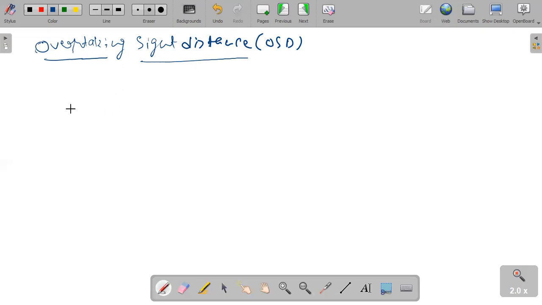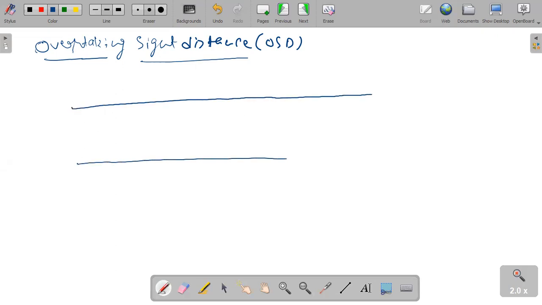Consider this is our road, a two-way road, something like this. There are a lot of vehicles here: one vehicle, another one, and these vehicles are moving this side.